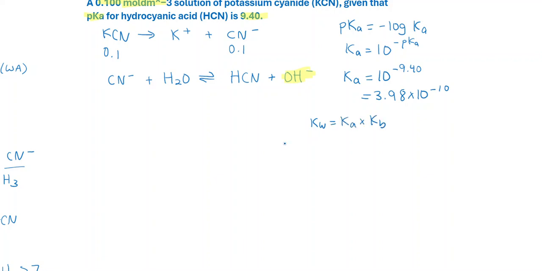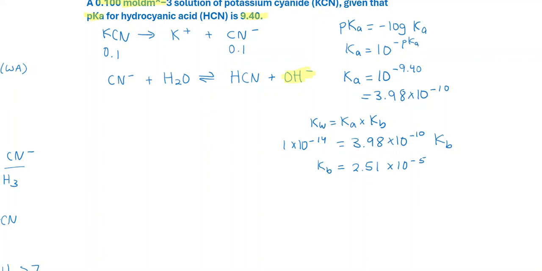And we know that Kw is always 1 times 10 to the minus 14. And we got the Ka to be this value, so now we can just solve for Kb. And Kb should be 2.51 times 10 to the negative 5.